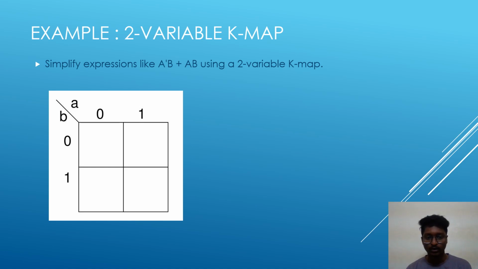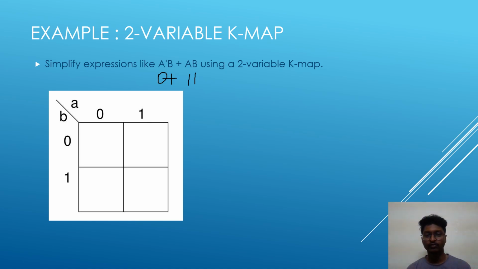Now, one thing to remember is when we have a variable with complement, it is taken as 0 and the variable without complement is taken as 1. So in this, A complement B will be taken as 0 and 1. Then AB is taken as 1 and 1 since both are variables without complement.